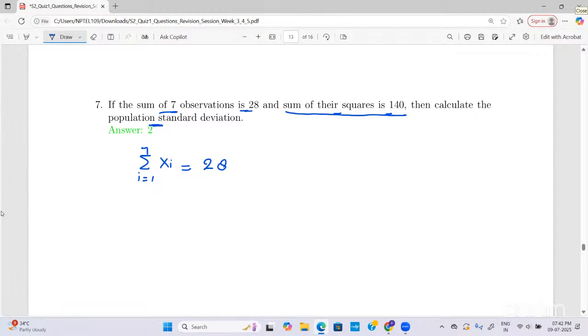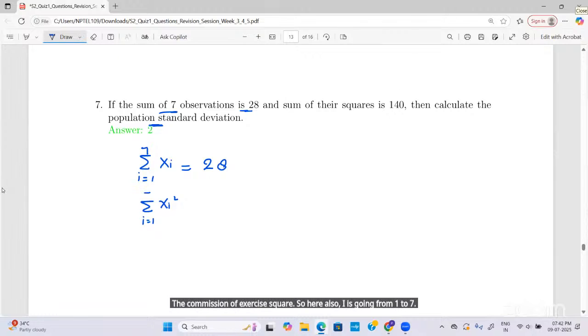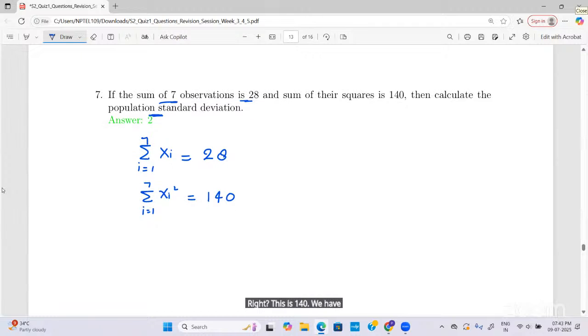It is the summation of xi square, the sum of the squares. Here also i is going from 1 to 7. This is 140. We have to calculate the population standard deviation.